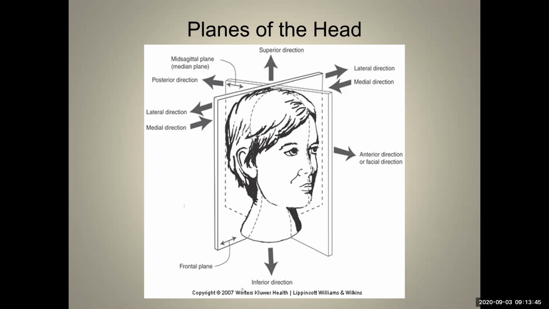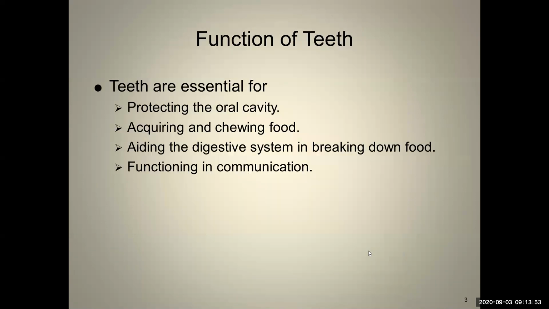When we're talking anatomy, this is going to be critical, so we're all looking and visualizing the same structure. And this is oral anatomy, which is more succinct than head and neck anatomy. So we're going to be talking about teeth for many, many weeks.